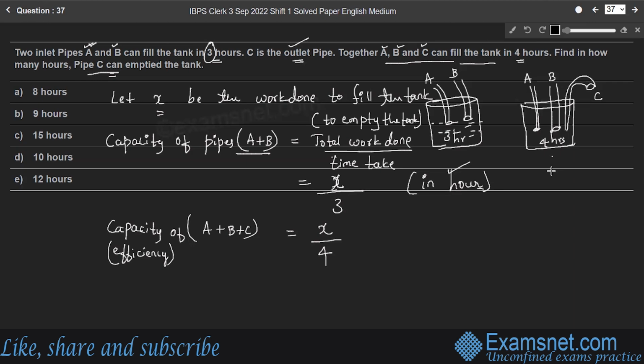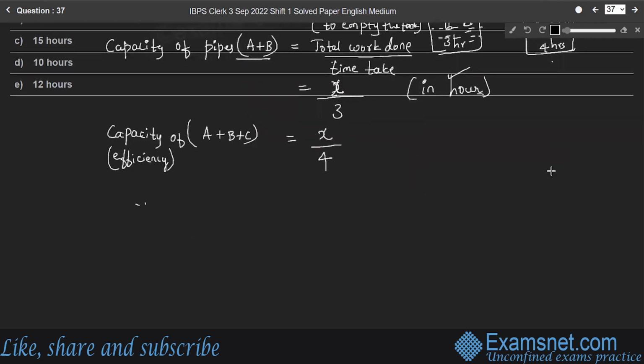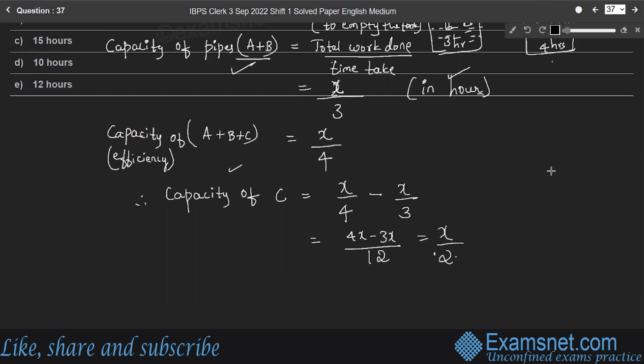So their work per hour is X by 4, right? Therefore, the capacity of C alone is X by 4, the capacity of A plus B plus C, minus the capacity of A plus B, which is X by 3. 12 is the LCM, so in the numerator it is 4X minus 3X, which gives X by 12.